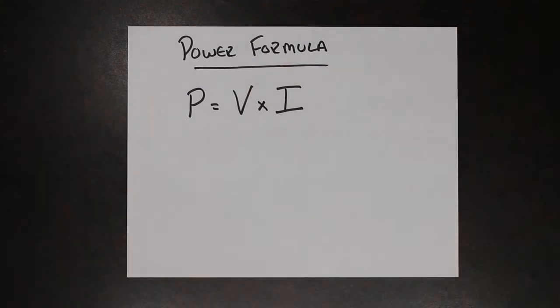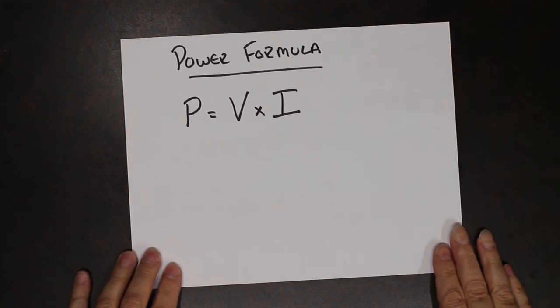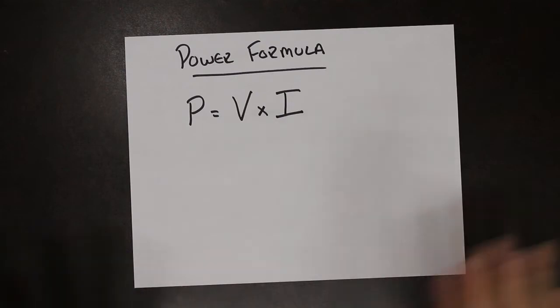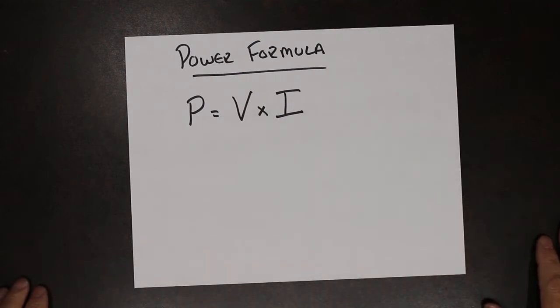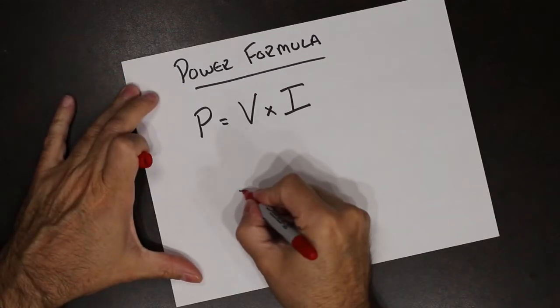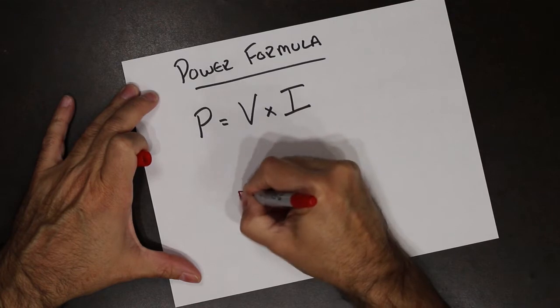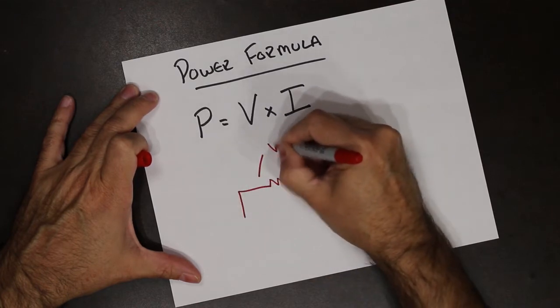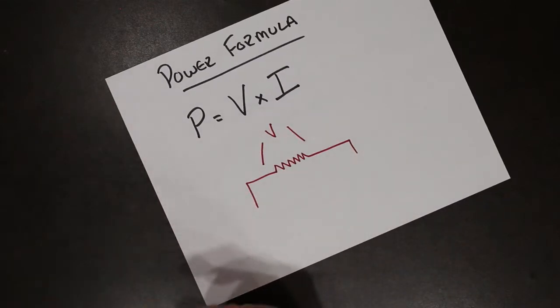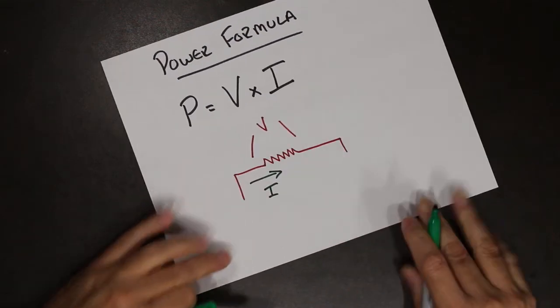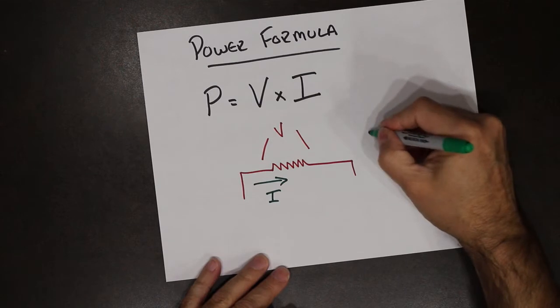So if we look at the generic formula for power, we're looking at voltage times current. That's the generic formula. So that means that if I have a resistor and I know the voltage drop across it and I know the current flowing through it, I can calculate the power.